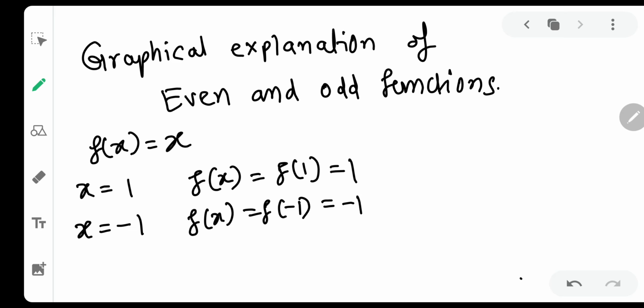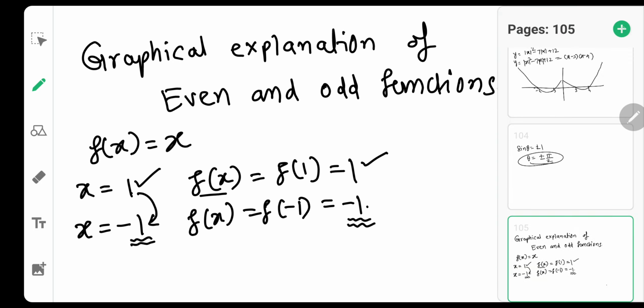Now did you notice one thing? When x was 1, the answer for y, which is f of x, was 1. And when I changed the sign of x, the sign of y also changed. Okay, that is a very nice observation. Let me say f of x is equal to 2x.